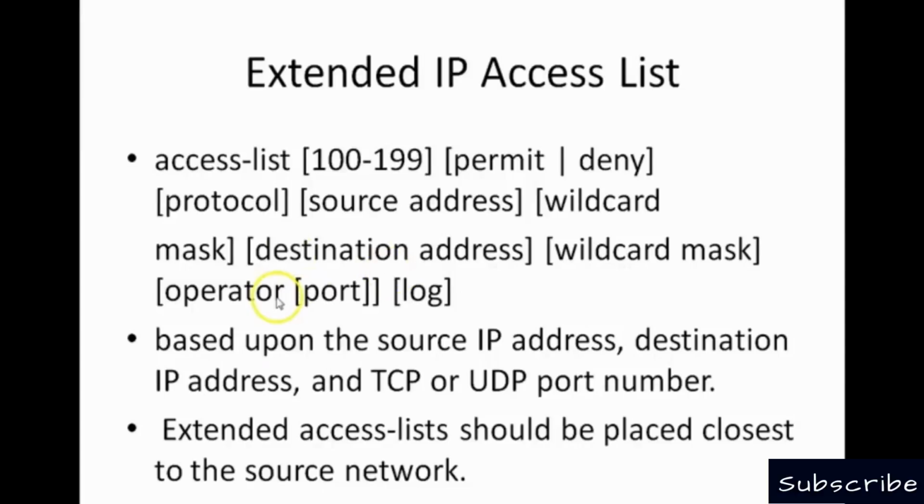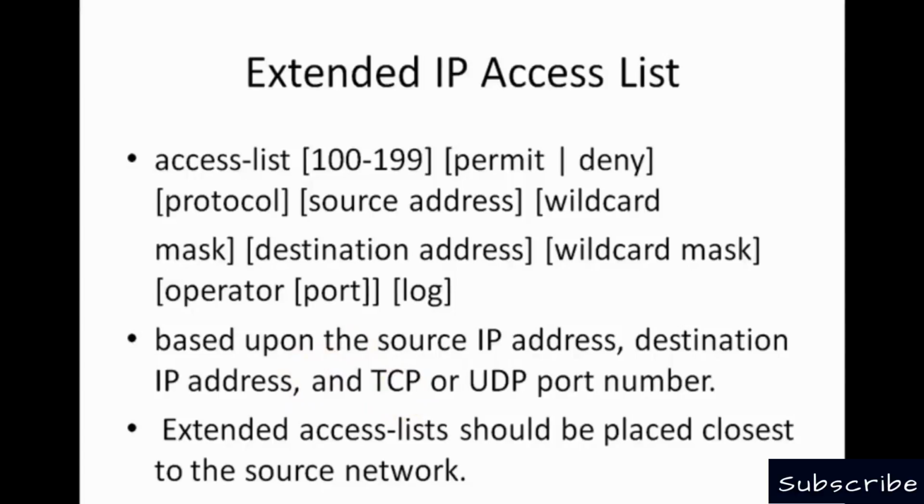So the syntax is access-list, then the number, whether you want to permit or deny that traffic, and a particular protocol, then the source address and wildcard mask, then the destination address and wildcard mask, and port, and you can also generate logs here too. It is based on source and destination IP addresses as well as TCP and UDP port numbers.